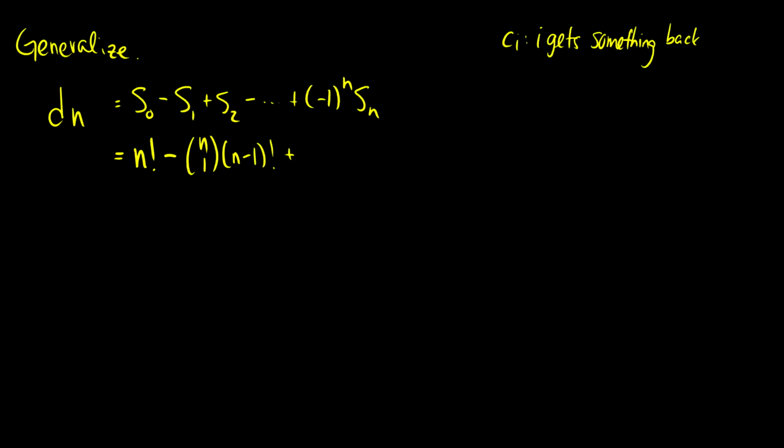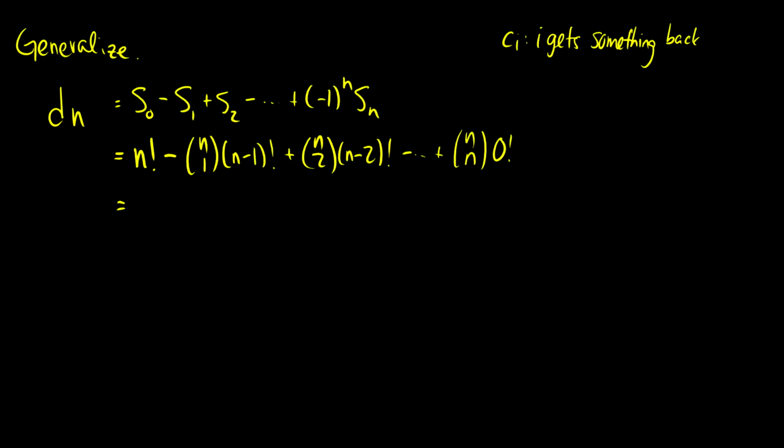With S2, we choose 2 things to go back to their owners, and then we have n minus 2 factorial ways to arrange the rest. And of course this goes on until the very end, where we have n choose n get theirs back, times 0 factorial.